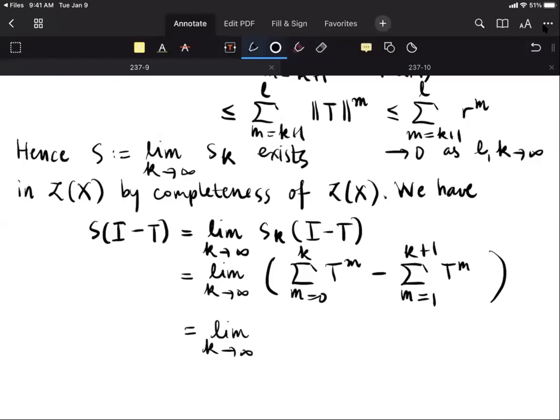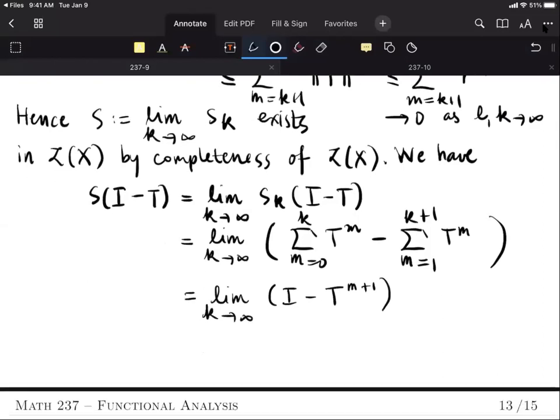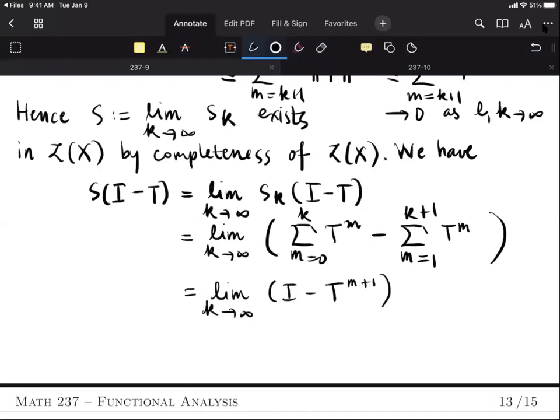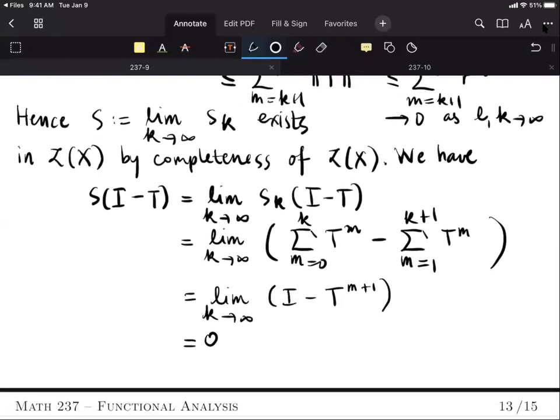This is the identity minus T raised to k plus 1, and this is equal to the identity, since the limit as k goes to infinity of T to the k plus 1 is the 0 operator.